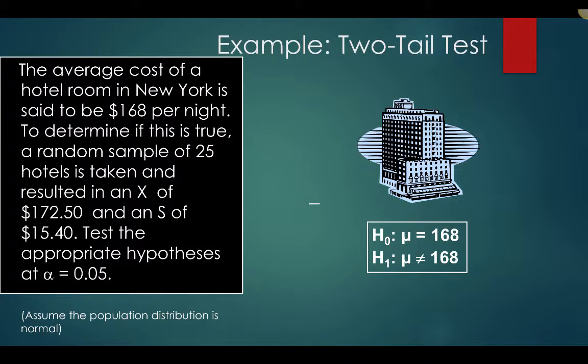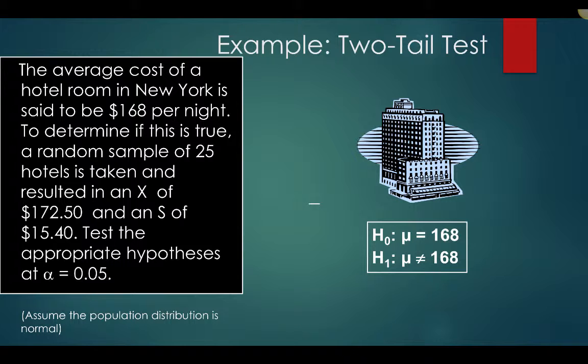So basically, the X-bar means that when they did the 25, they got an average of $172.50 and an S, which is standard deviation, of $15.40. Test the appropriate hypotheses at 0.05. So you see our null and our alternative. Our null is it will be equal to 168, and the alternative is not equal to 168.